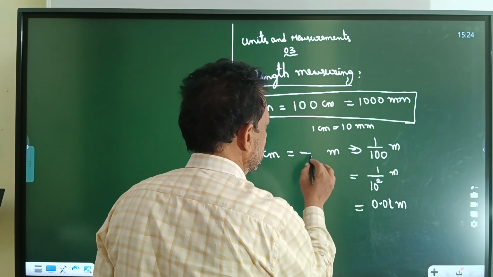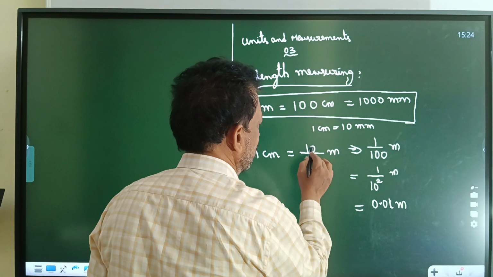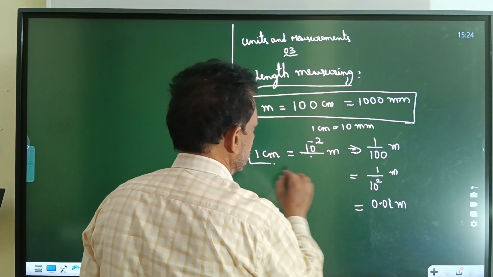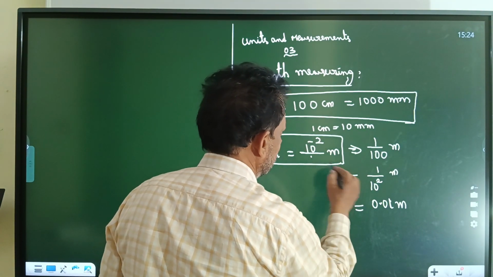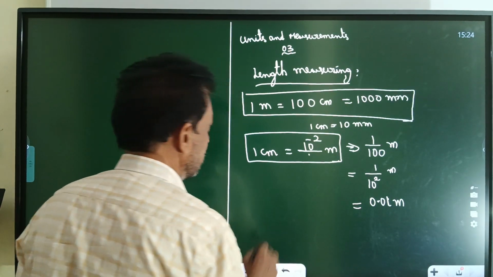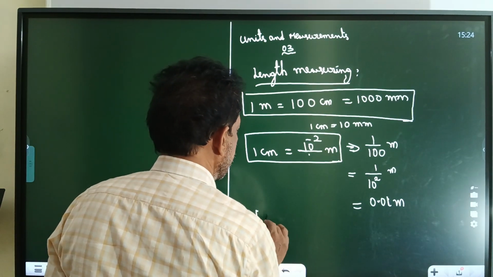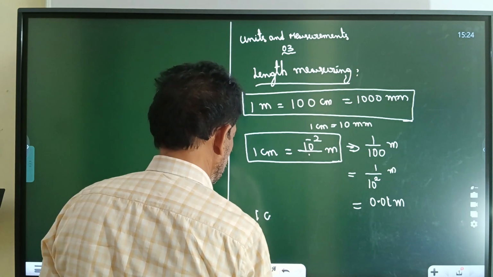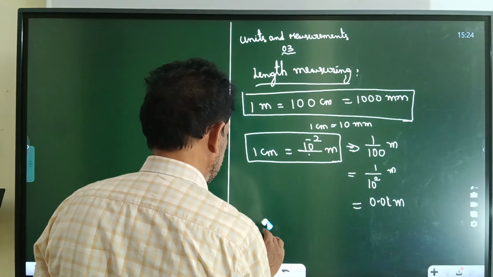The best value is 10 to the power of minus 2 meter. Conversions are very easy to do. Understanding?